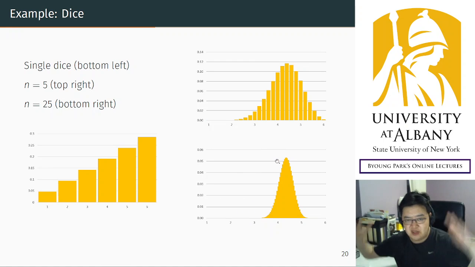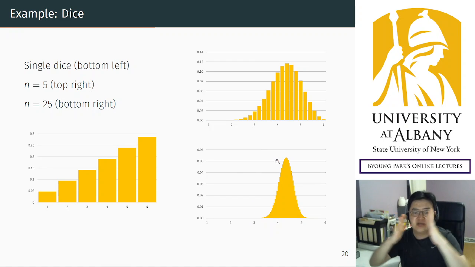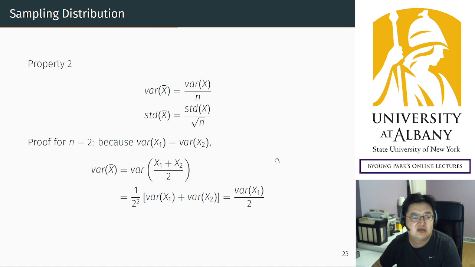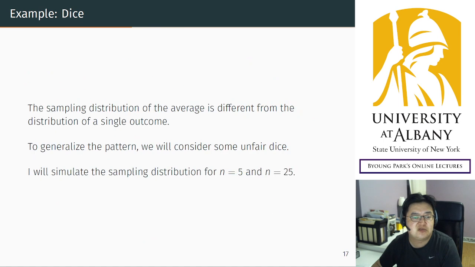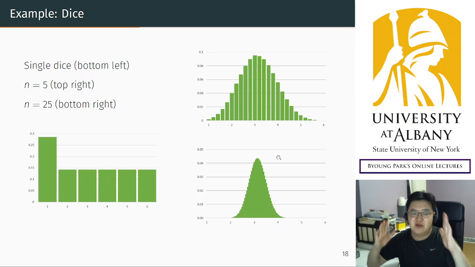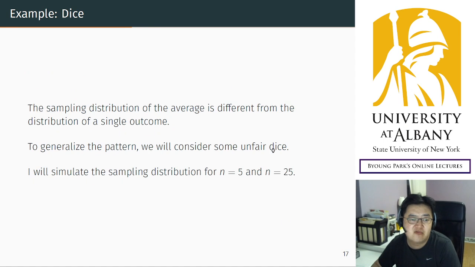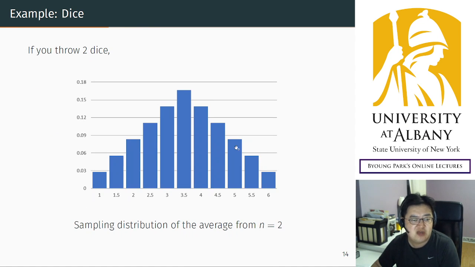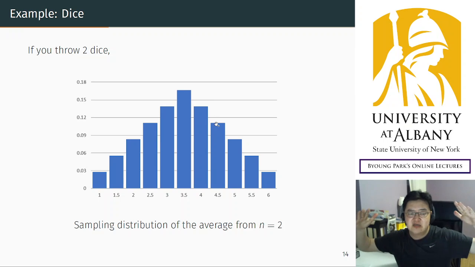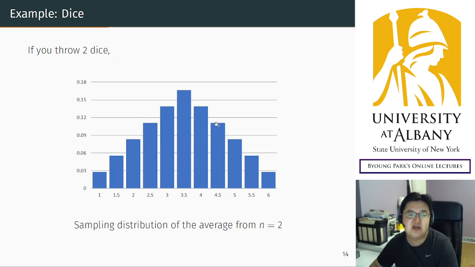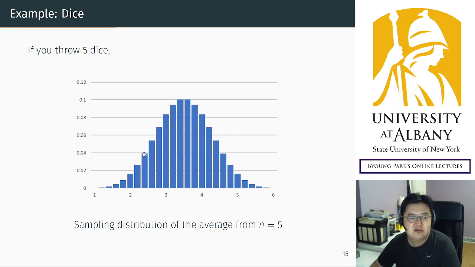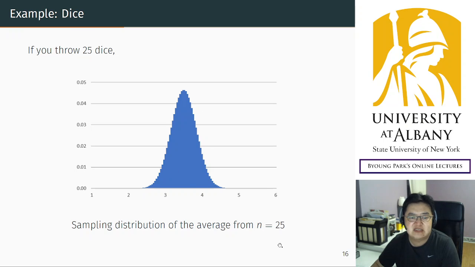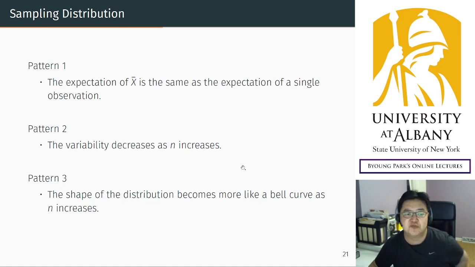Same thing here. The shape is becoming more and more concentrated around the center. Same thing here, same width, but it becomes steeper as the number of dice increases. That is pattern number 2.